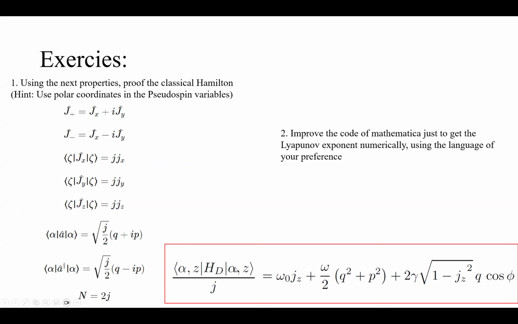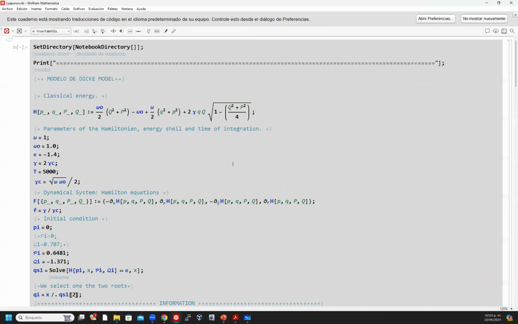This is the first part. And the other part is to improve the code that I will explain and share with you, in the language that you prefer, Python, Julia, etc. Anything Jorge can do. Yes, so I don't know if I have time there. It's okay, you can just conclude. Okay.